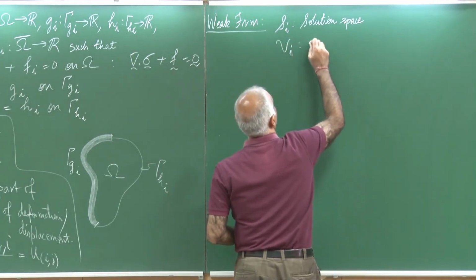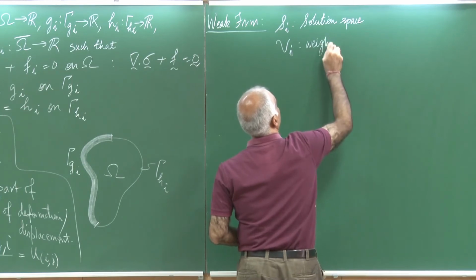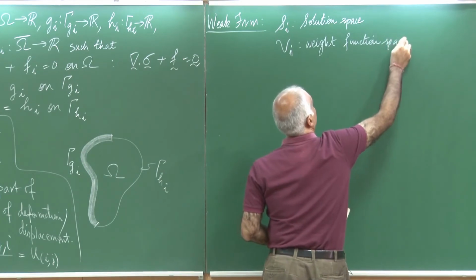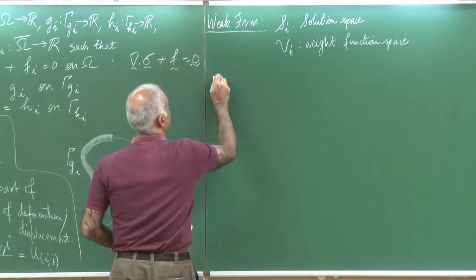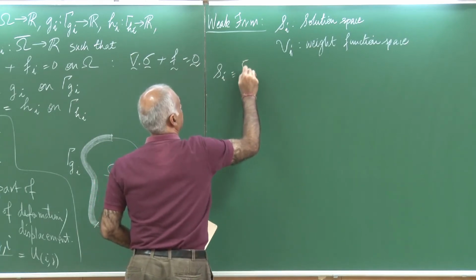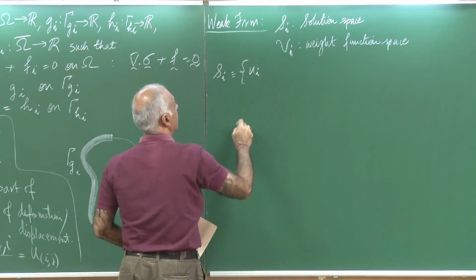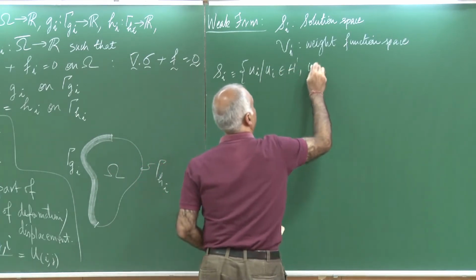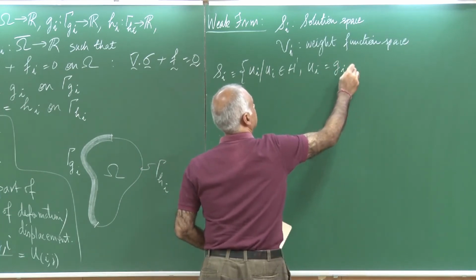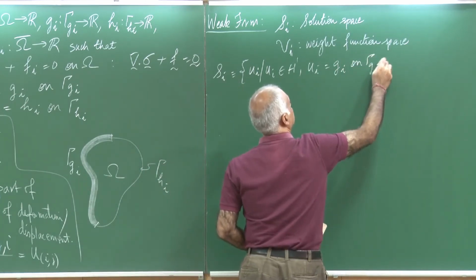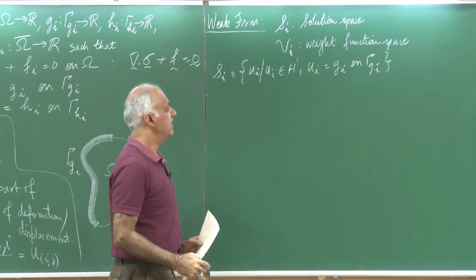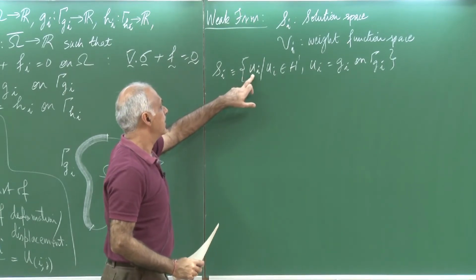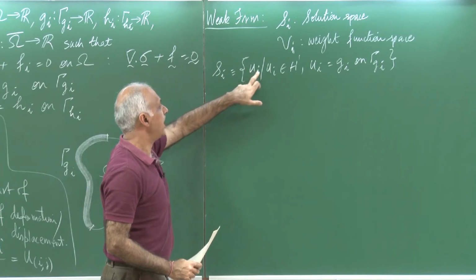V_i is my weight function space. The proposal is that S_i consists of these functions u_i which are H1, and they take a value g_i on gamma g_i, exactly like the scalar counterpart, where u was a scalar. So, we are treating u_i as a scalar function.